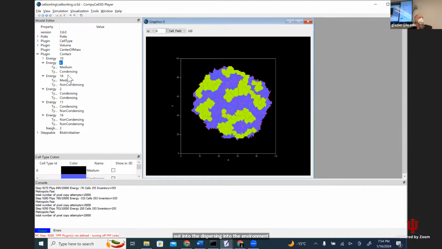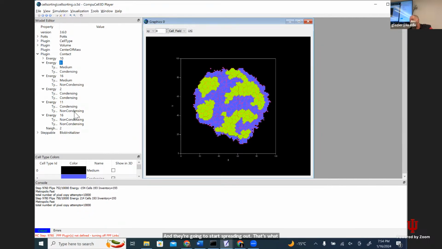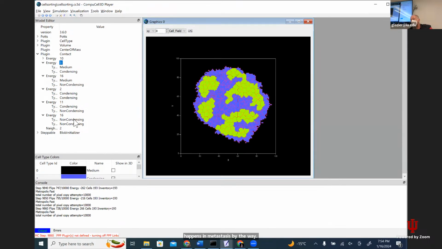Probably need to make it slightly smaller, like 3. And they're going to start spreading out. That's what happens in metastasis, by the way, where you lose cell-cell contact energy and you gain cell-medium contact energy. So this simulation allows you to explore a lot.